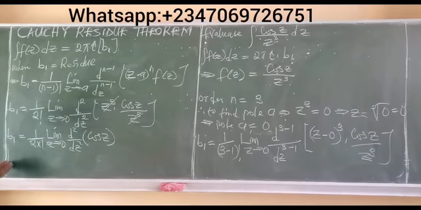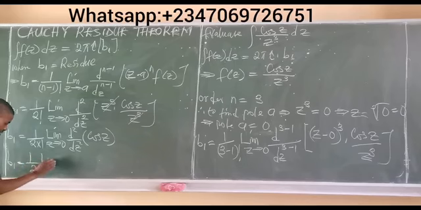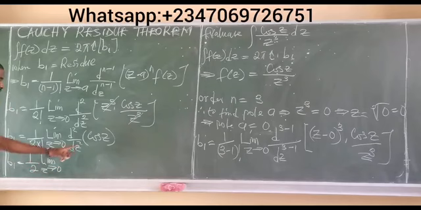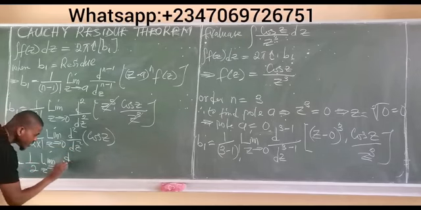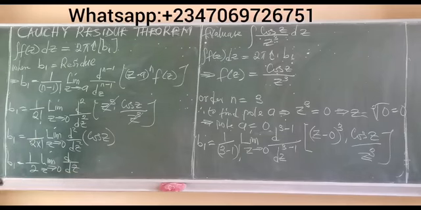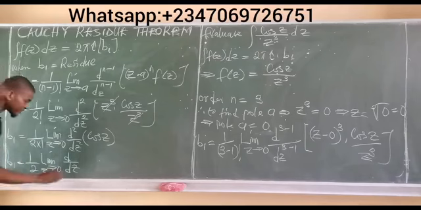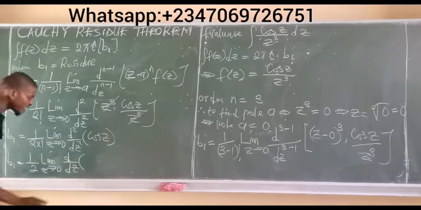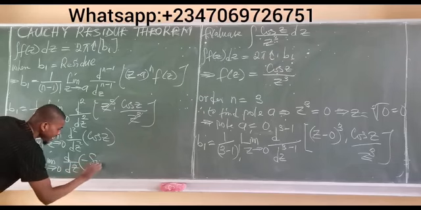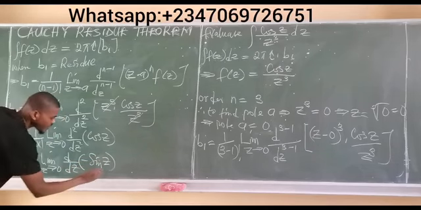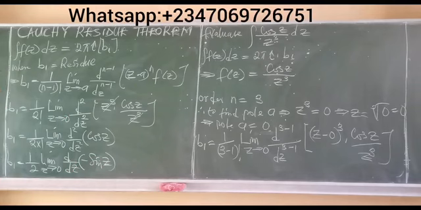Okay, so b1 is equal to 1 all over 2 times 1 here is 2, limit as z approaches 0. If I carry the first derivative, I'll be left with d over dz of cos z, and if I differentiate cos z, I will simply have minus sine z. You have something like this, minus sine z.